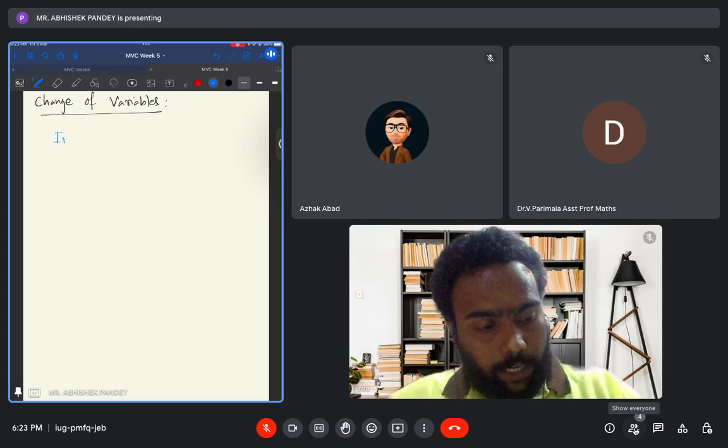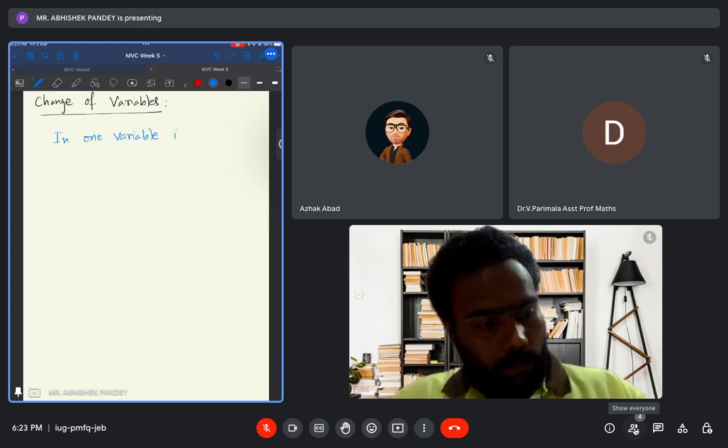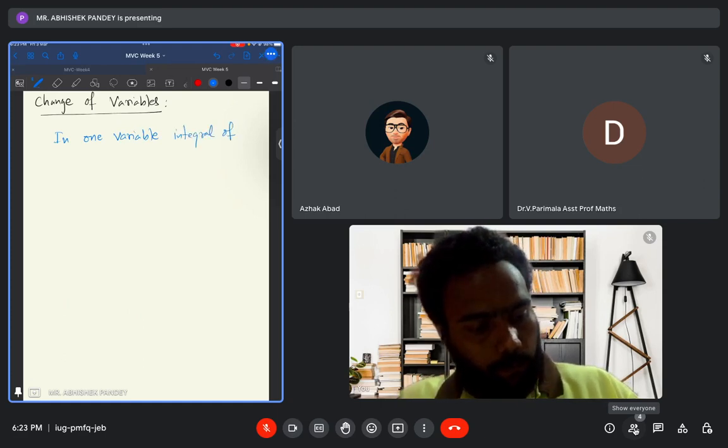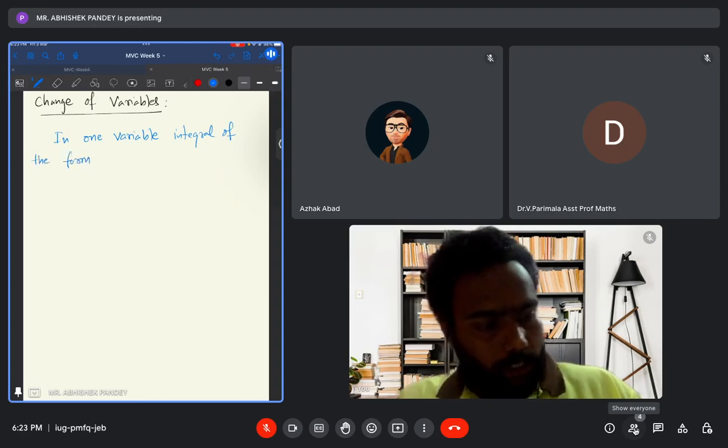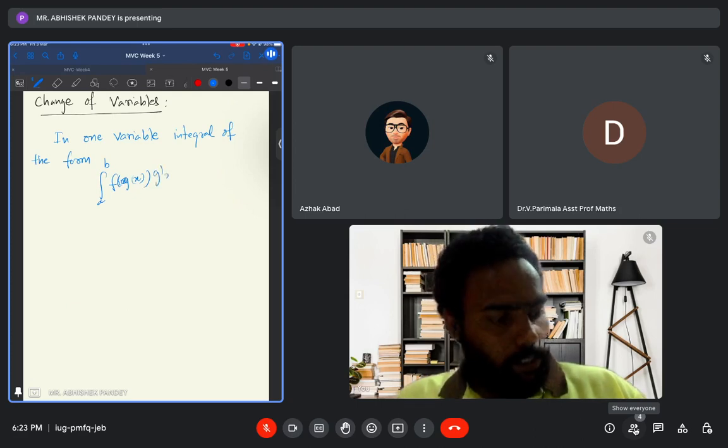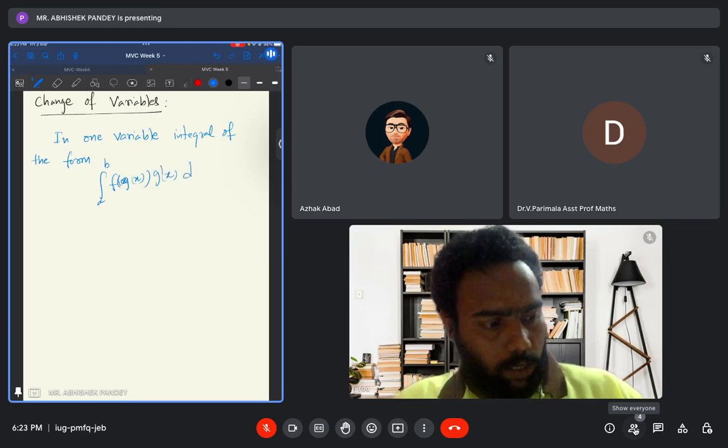In one variable, an integral of the form, let us say, a to b of f of g of x into g dash x dx.